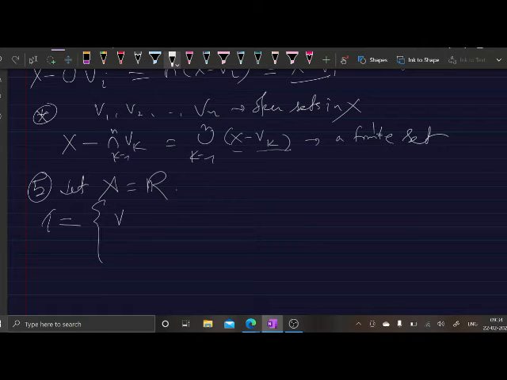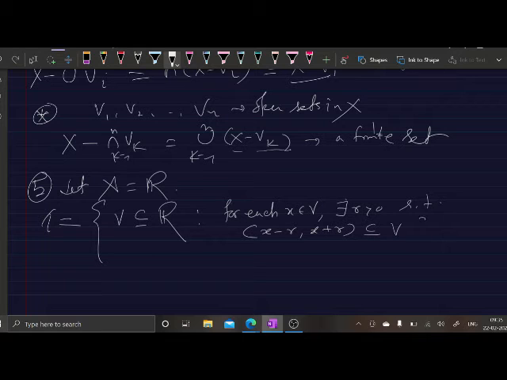Suppose we take all those subsets V of R such that for each x belongs to V there exists r greater than 0 such that the open interval (x minus r, x plus r) is a subset of V. So we are considering all those subsets of R satisfying this condition.